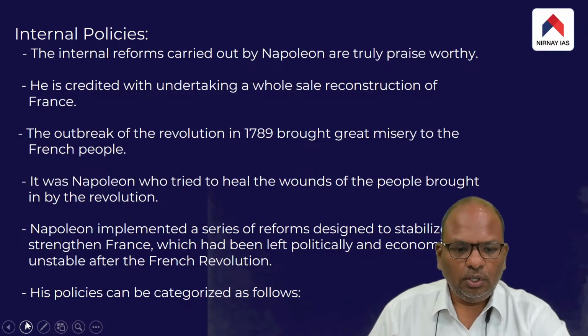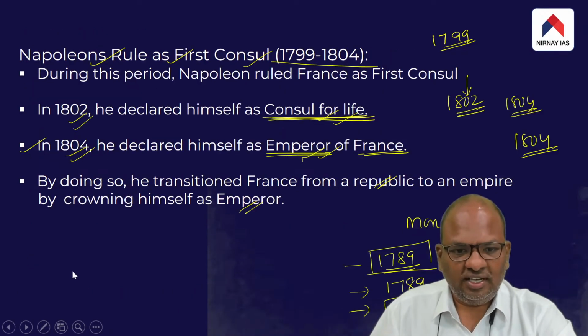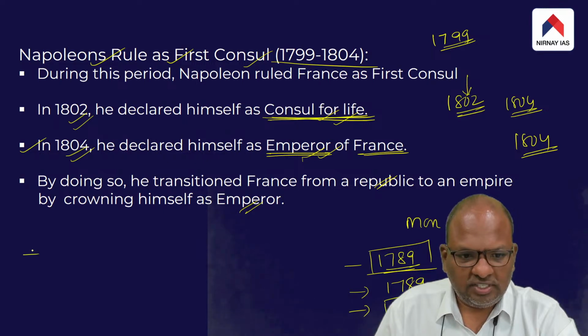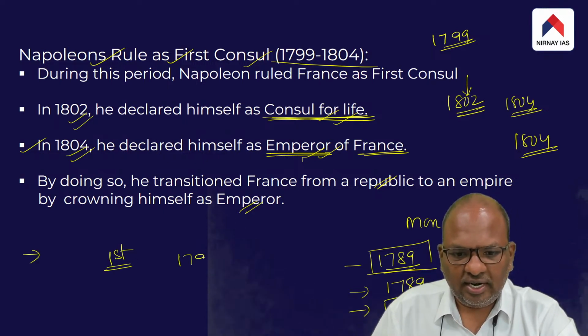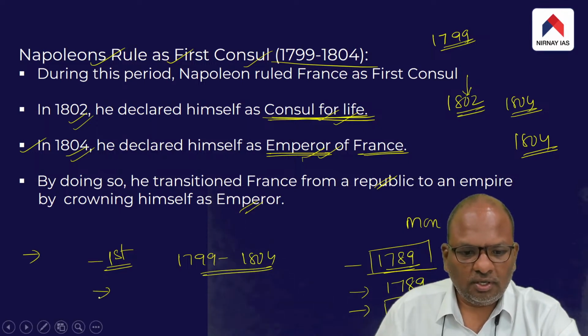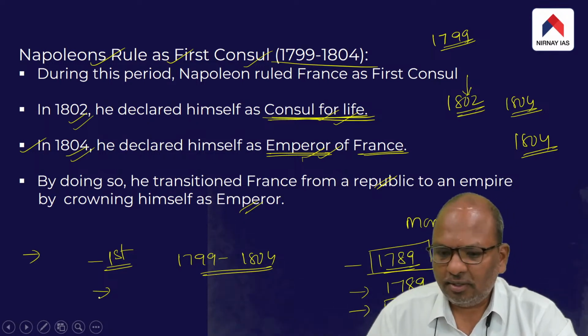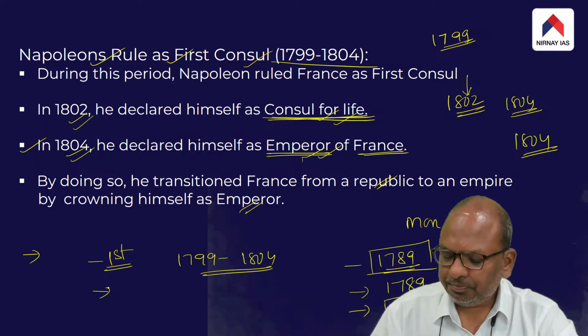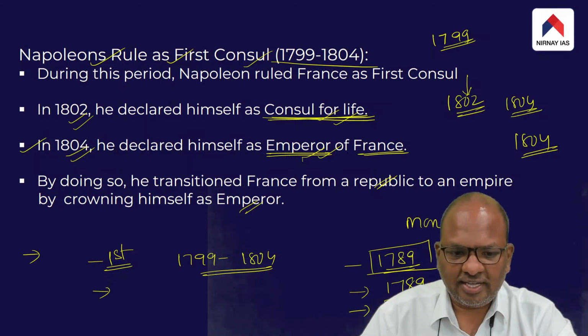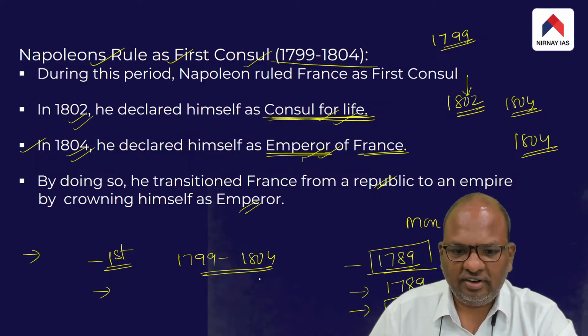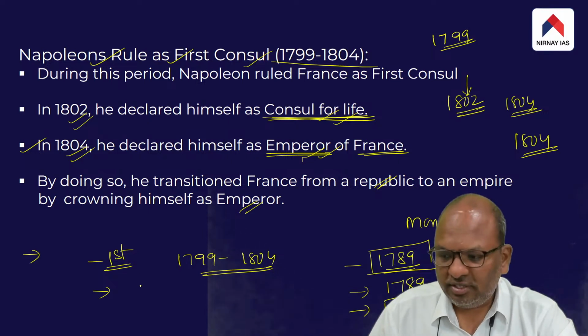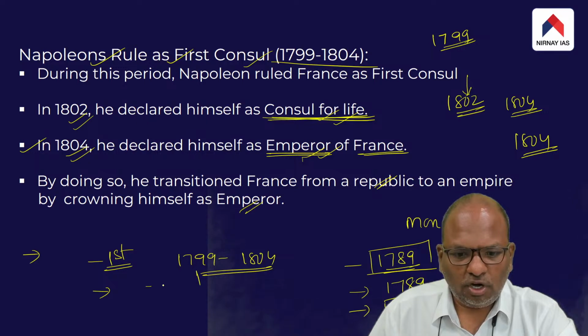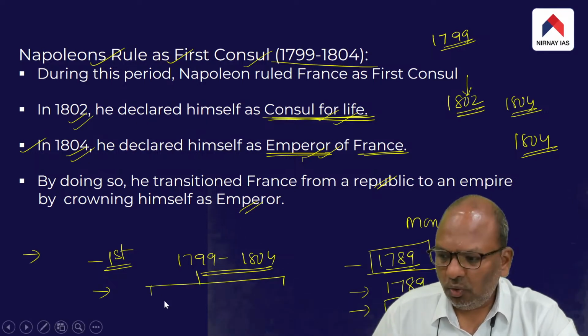In his capacity as the first consul between 1799 to 1804, Napoleon carried out numerous reforms, and these reforms can be discussed in two categories.